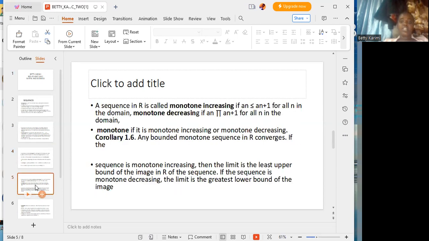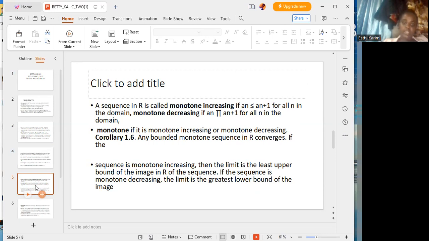A sequence in the real numbers is called monotone increasing if a_n is less than or equal to a_{n+1} for all n in the domain, monotone decreasing if a_n is greater than or equal to a_{n+1} for all n in the domain, and monotone if it is monotone increasing or monotone decreasing.